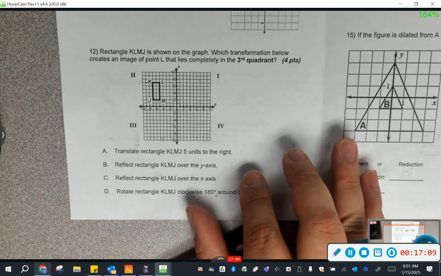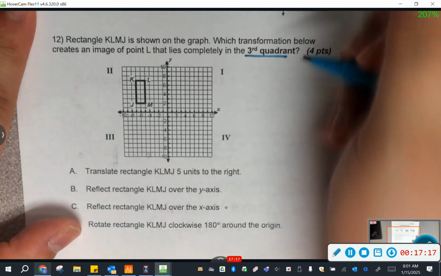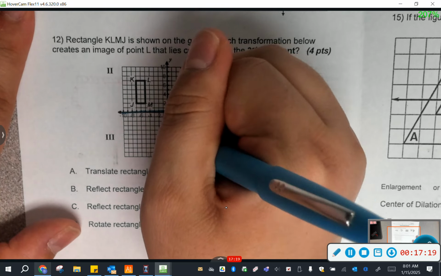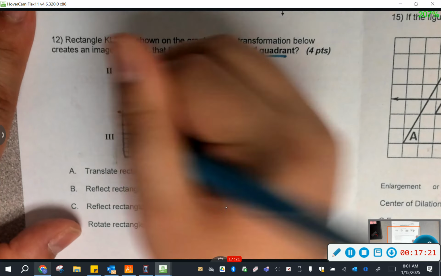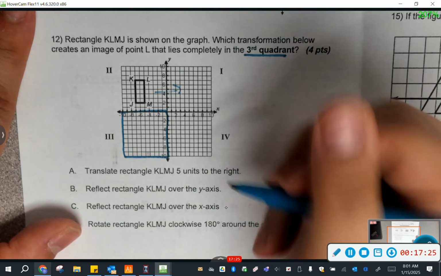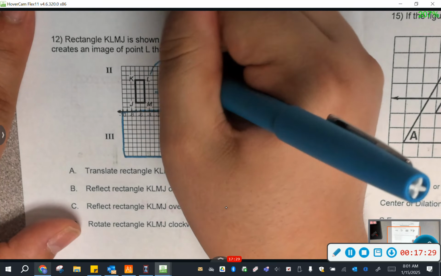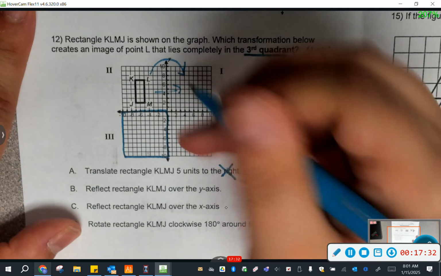All right, I got 5 minutes, so I'm going to go a little bit faster. On this one, you have rectangle KLMJ, and I want to end up in the third quadrant. Can everybody kind of box this? This is the third quadrant. If I go to the right, is that going to get me in the third quadrant? No. What if I go over the y-axis? Is that going to get me in the third quadrant?